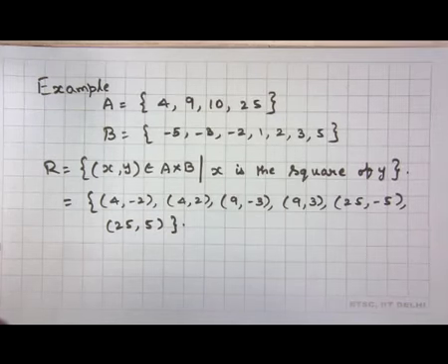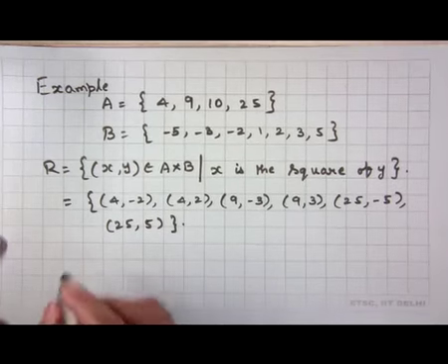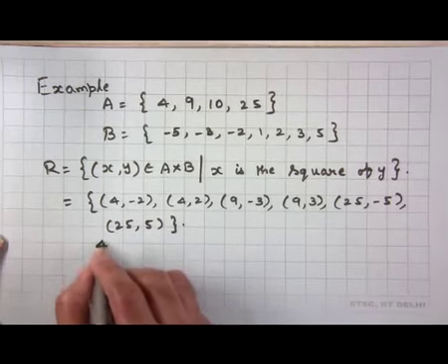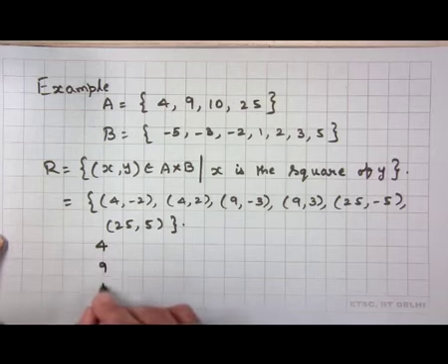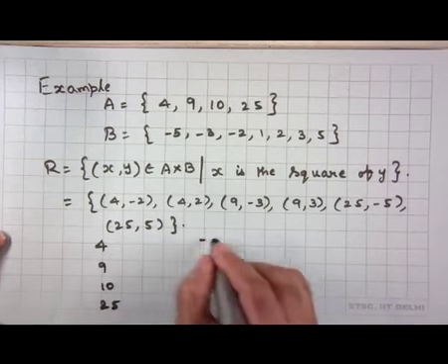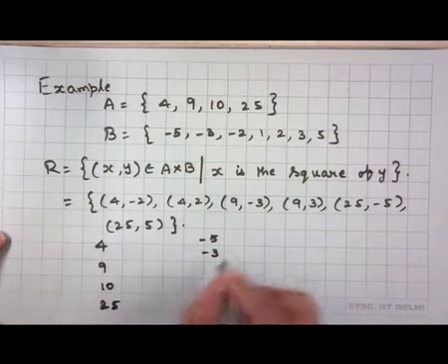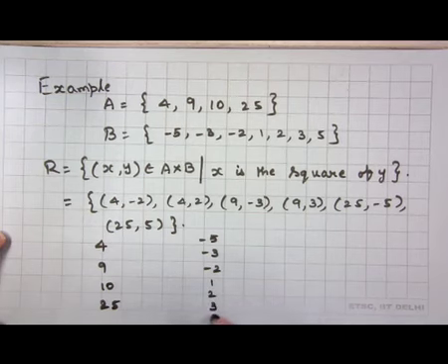Now, let us try to represent them pictorially. 4, 9, 10, 25, minus 5, minus 3, minus 2, 1, 2, 3 and 5.